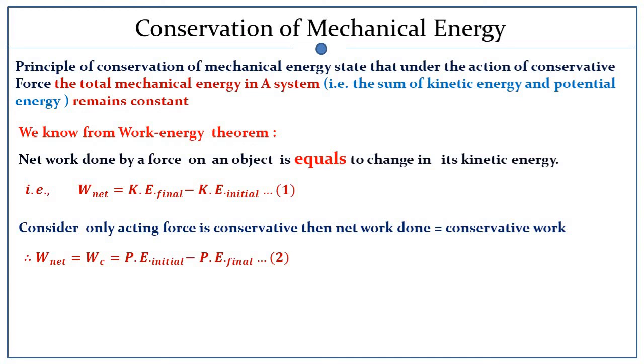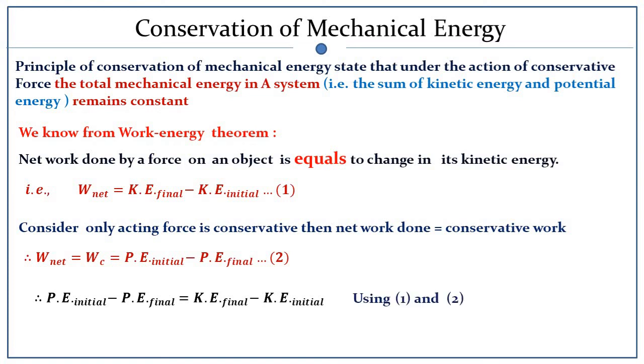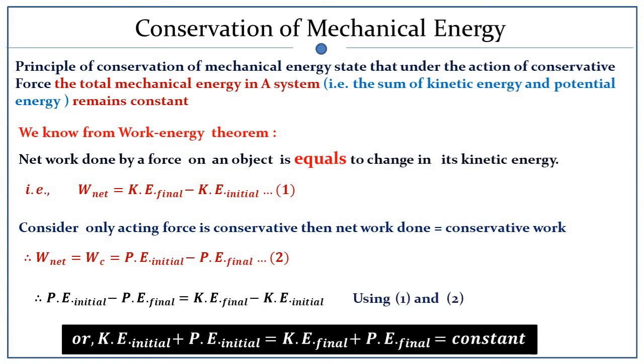Now we have two equations for the same quantity, that is, the net work. So we can simply compare them, and we get that potential energy initial minus potential energy final is equal to kinetic energy final minus kinetic energy initial. Now just rearrange these terms, and you get that the sum of kinetic energy and potential energy in the initial position is equal to the sum of kinetic energy plus potential energy in the final position.